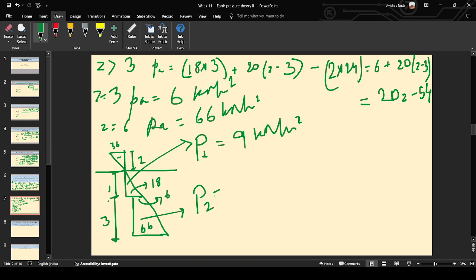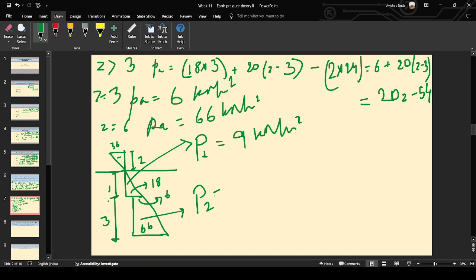So if you solve this, b plus 2a, 66 plus 12, divided by 72, into the height which is 3, that is 1.083 meter from base.